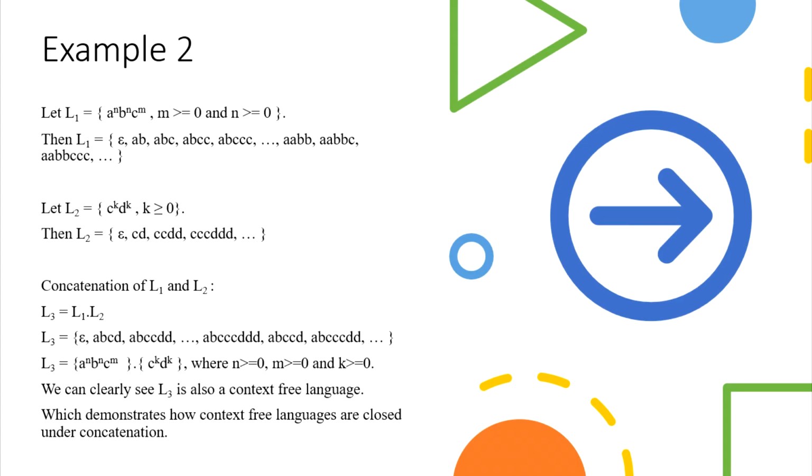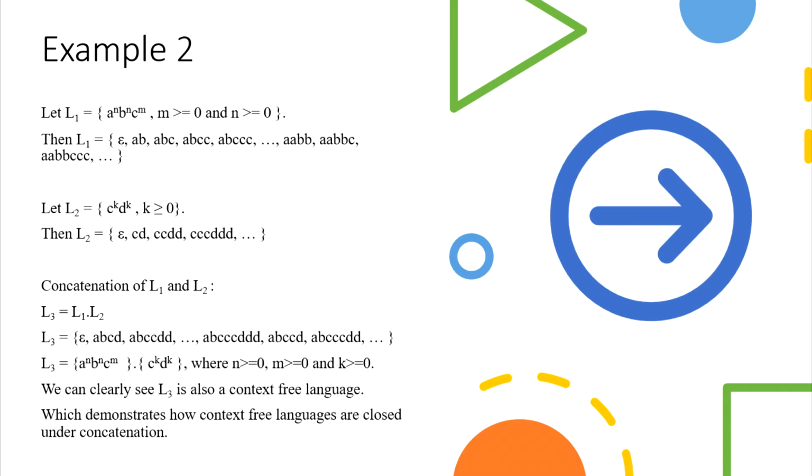And now when we perform the concatenation operation on L1 and L2, we'll get the set L3, which will consist of strings epsilon, ABCD, AB double C double D, and so on. And again, our observation is the same, that we can make a pushdown automata for the language L3, and therefore L3 will also be a context-free language.